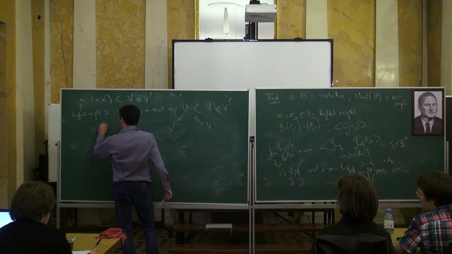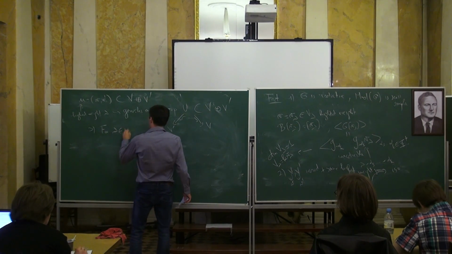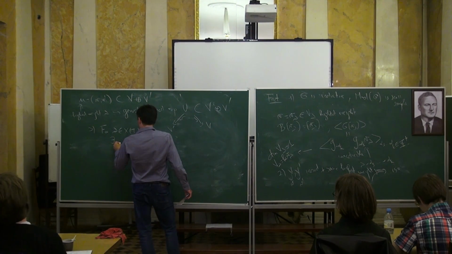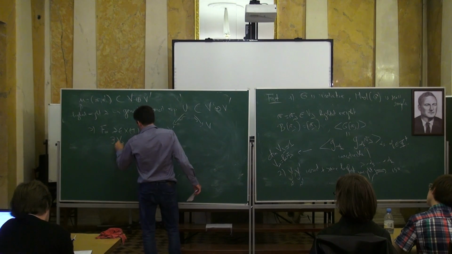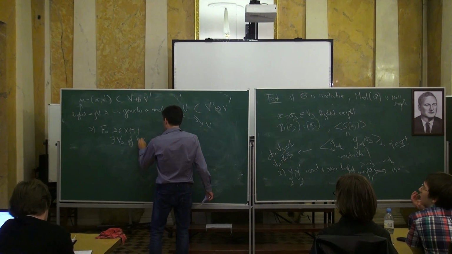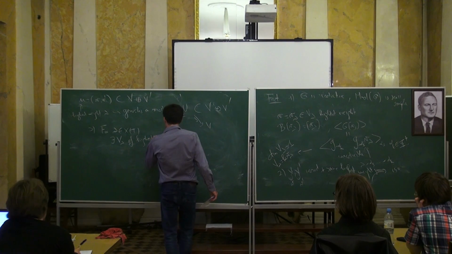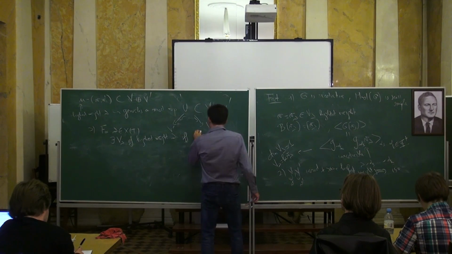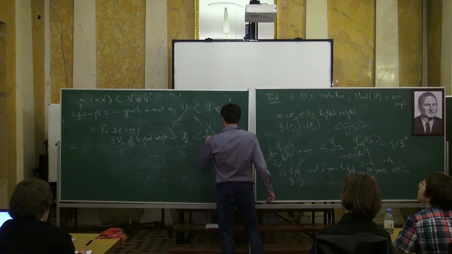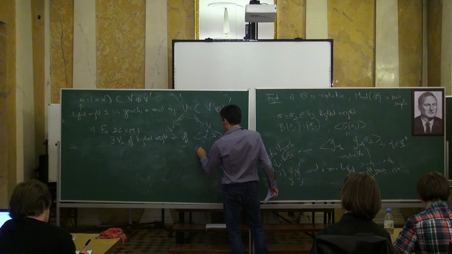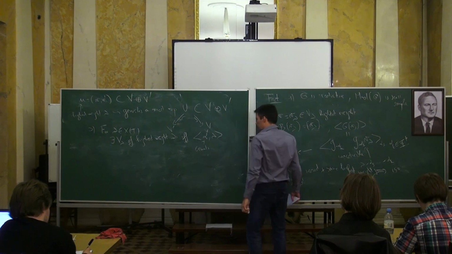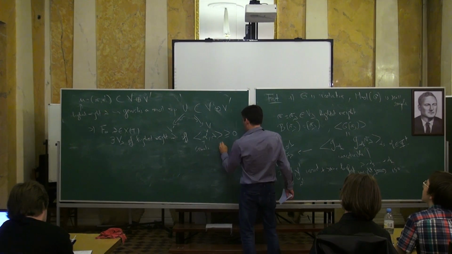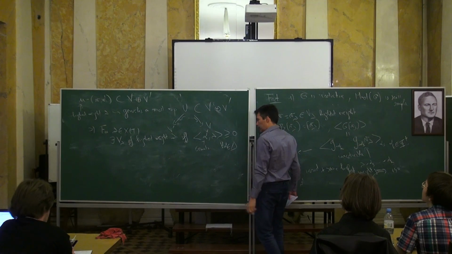For lambda a weight, this is a fact, there exists V lambda of highest weight lambda if and only if, remember these co-roots that I introduced last time, the pairing with the weights is positive for any simple root.